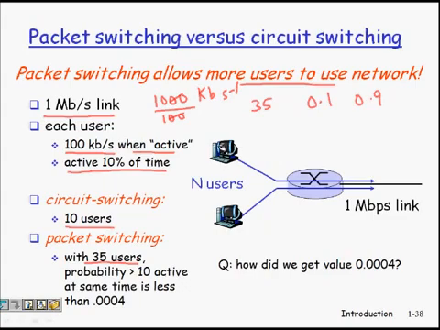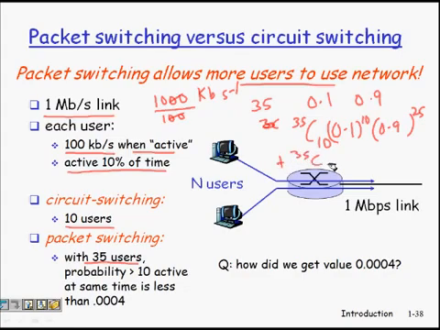So what is the probability that 10 users will be active? It will be 35 choose 10, times 0.1 to the power of 10, times 0.9 to the power of 25. And what is the probability that more than 10 users are active?